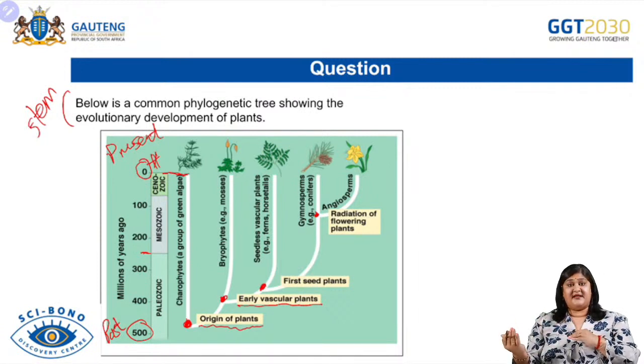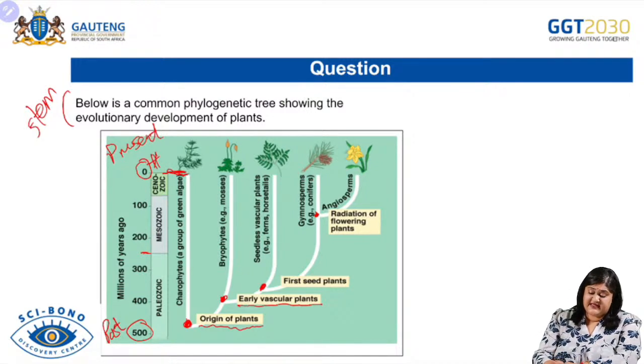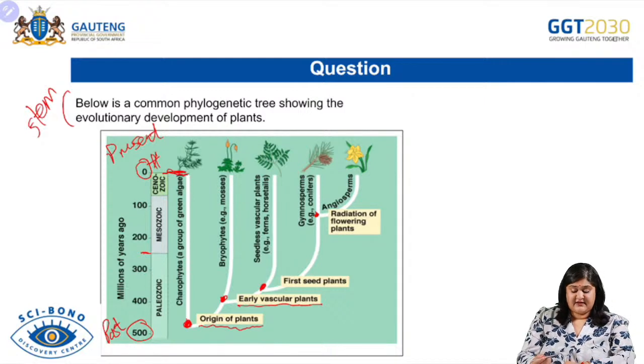I will show you in another example what happens when the species is extinct. So here we have, this one is still in existence, and that's 0, and then you read it. Please take note, when you're reading this, you are reading from 0 to 500. We'll get into more examples later, but I just want to show you that we are reading it going down.